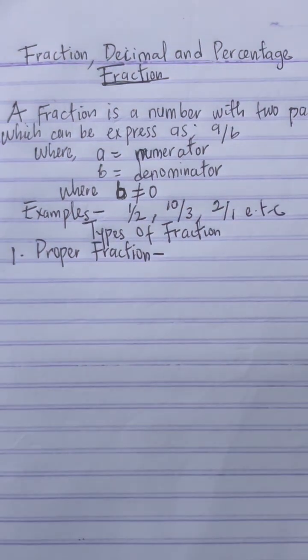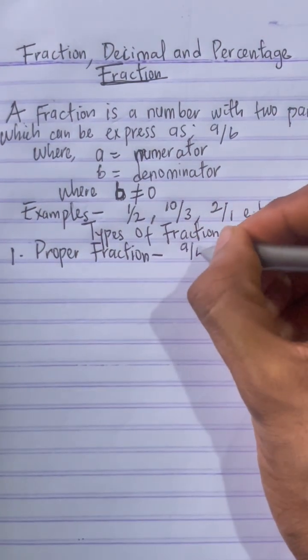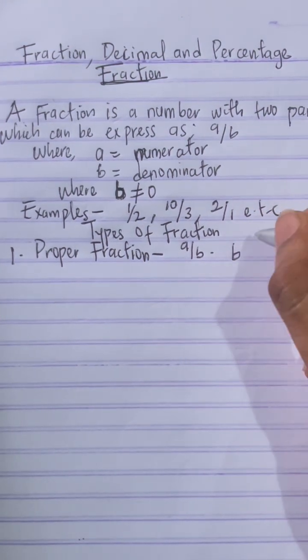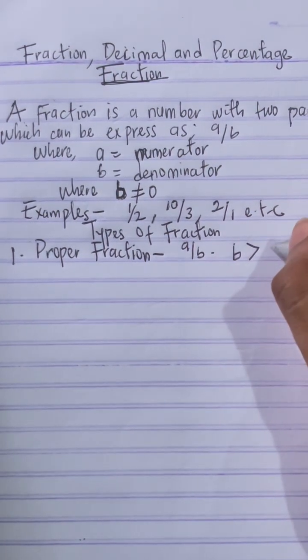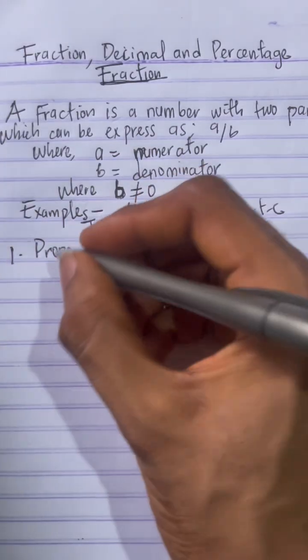When we say the proper fraction, it is a fraction that can be expressed as a over b where b is greater than a. So if b is bigger than a, we call it a proper fraction.